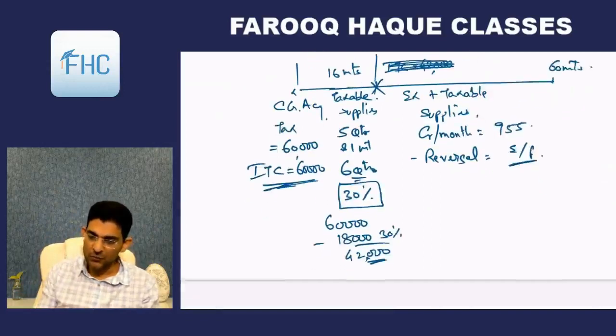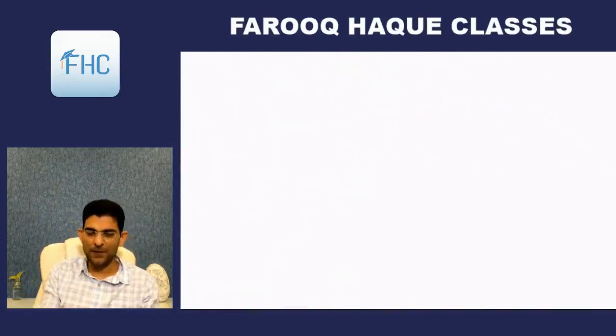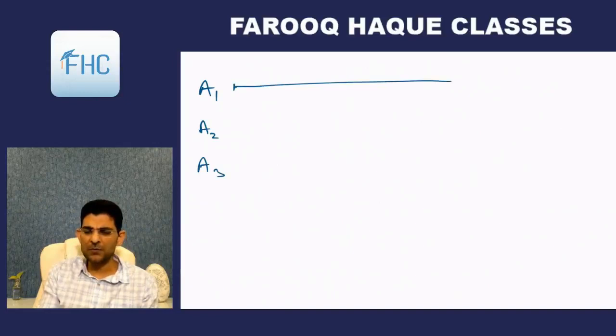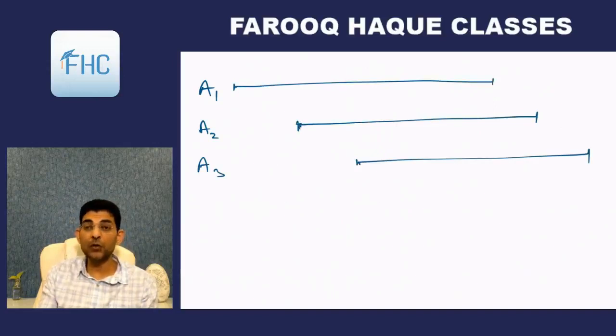If somebody has not understood, I'll explain again. See, this is asset 1, then there is asset 2, then there is asset 3. So they are purchased at different points of time. So for A1 the amortization is beginning from here. For A2 it started from here and goes up to here. For A3 it started here and will go on here. So these are 60 months from the date of acquisition.